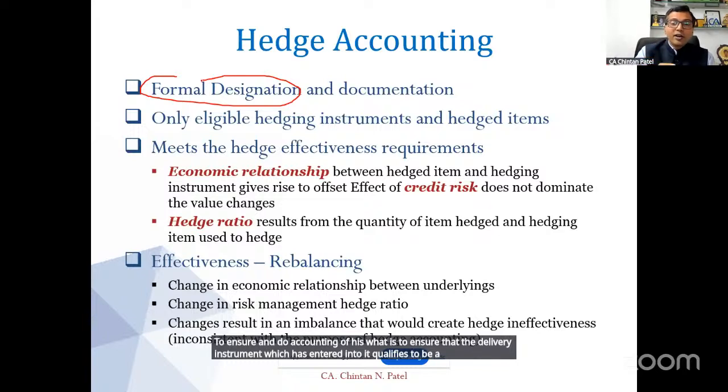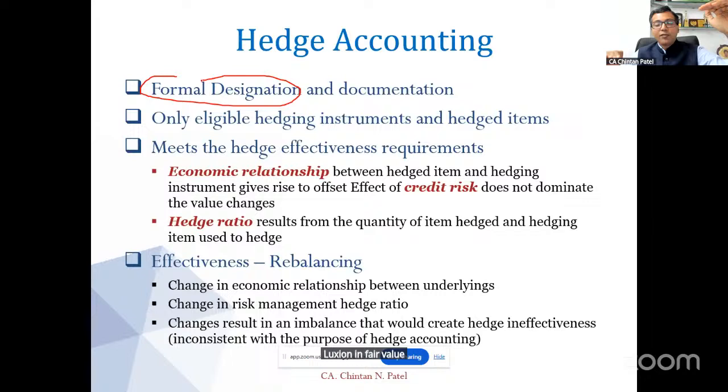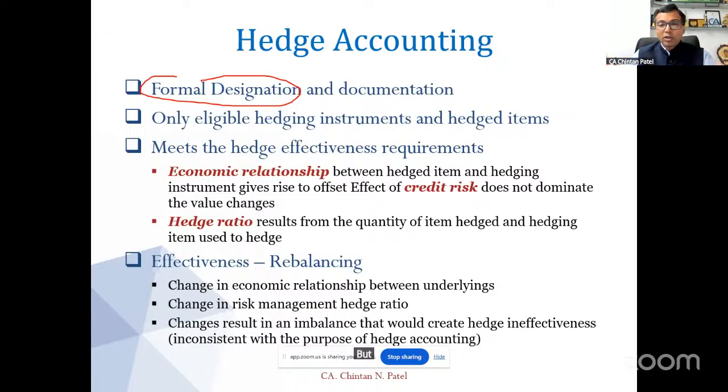Now, how can I demonstrate? I can demonstrate based on these things: where the increase in fair value, reduction in fair value, increase in cash flow payout, reduction in cash flow payout, they both offset. Practically, we need to look at the hedged item and the hedging instrument, whether both match in making payment, timelines, the amount, everything.